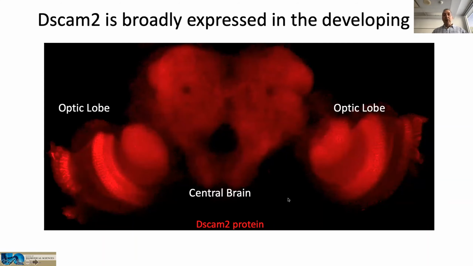We don't know exactly how many neurons express DSCAM2, but we estimate it's between 25 and 50% of neurons in the brain. That in itself creates a problem, because now you have a homophilic binding protein that's expressed in lots of neurons. So how do you keep those neurons from sticking to each other, or in DSCAM2's case, repelling each other? That's one of the questions that we've been trying to figure out.